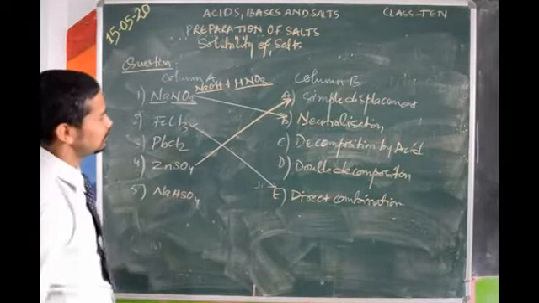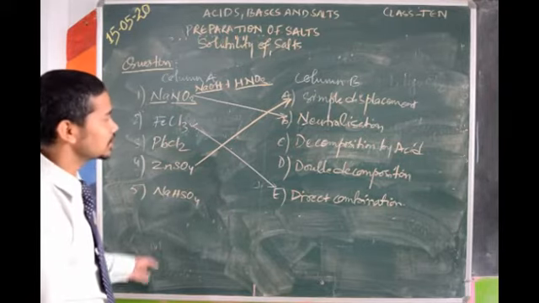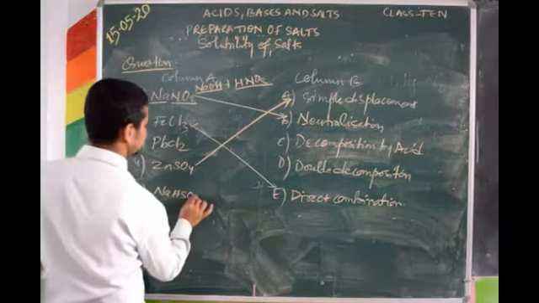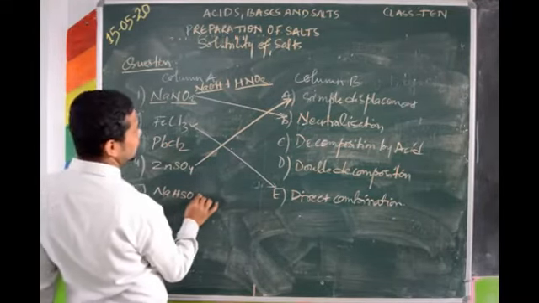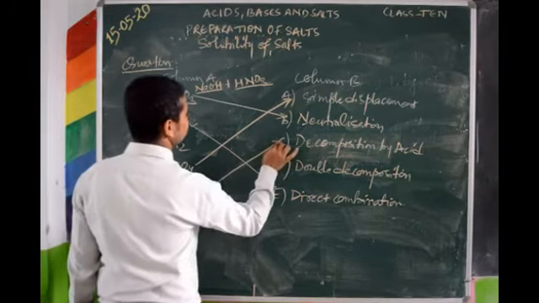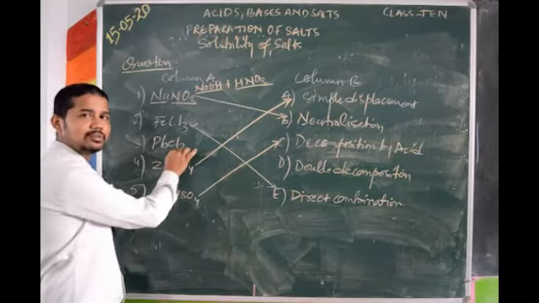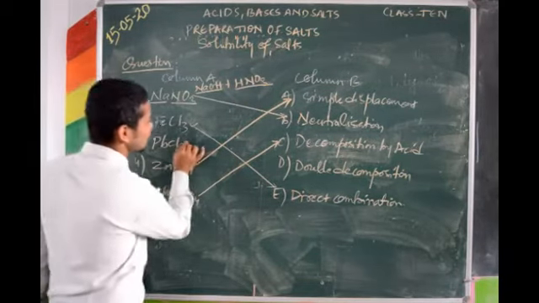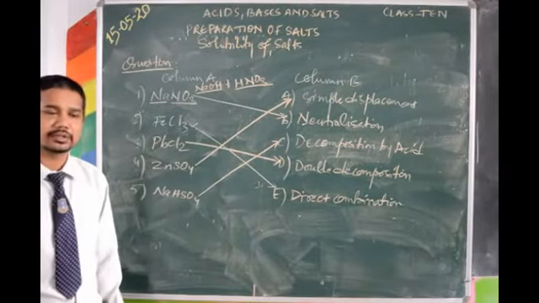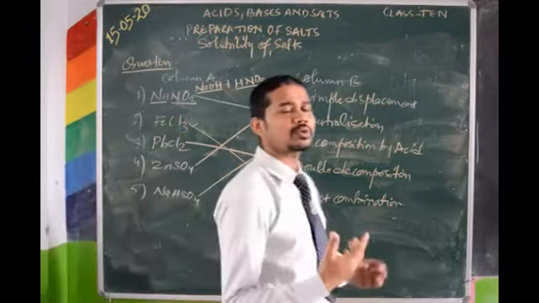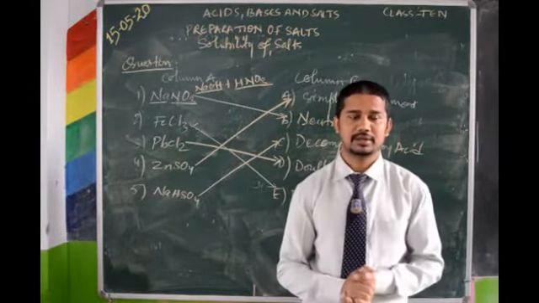Then NaHSO4 by decomposition by acid. And lead chloride is an insoluble salt, so it must be by precipitation or double decomposition. So some more questions you can try, and then you will enjoy it.